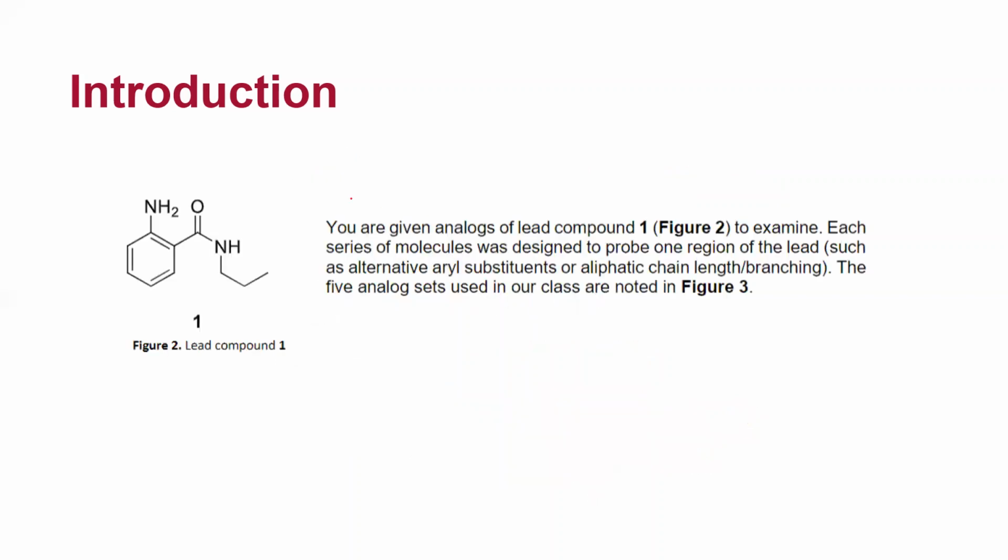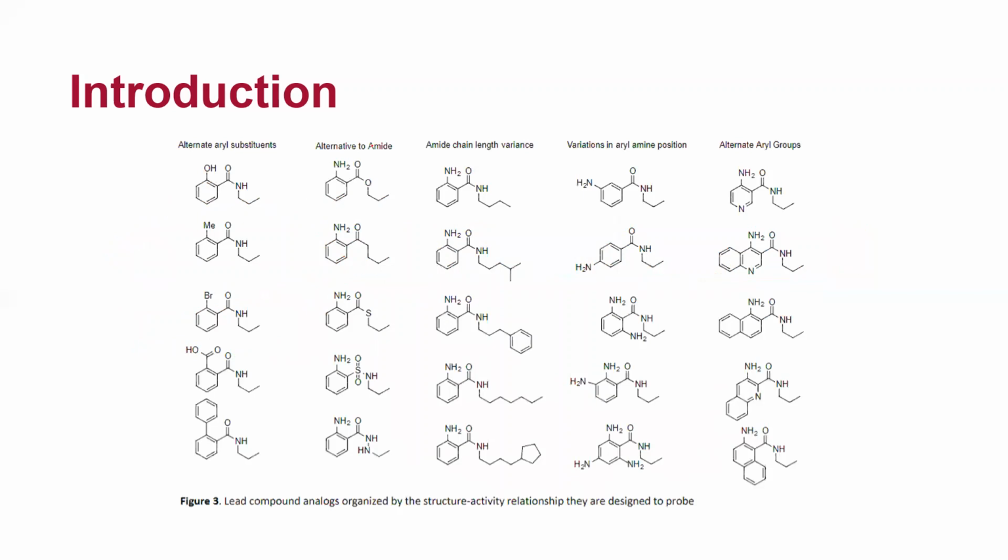In the assignment, I gave you a lead compound here and five sets of analogs of the lead compound, which we will evaluate using docking. These are the analogs: this is the first set, the second set, the third set, the fourth set, and then the fifth set.